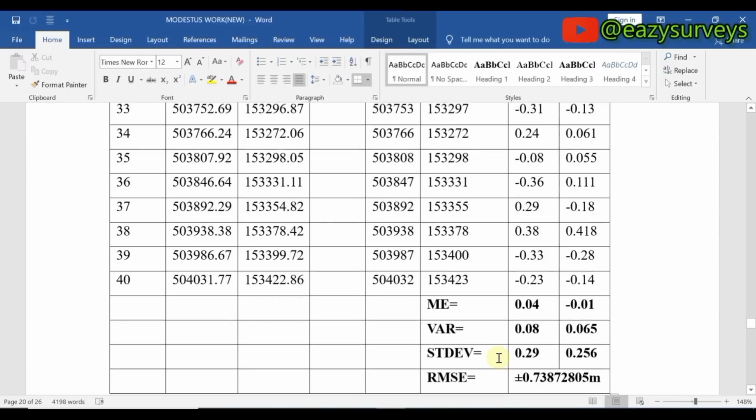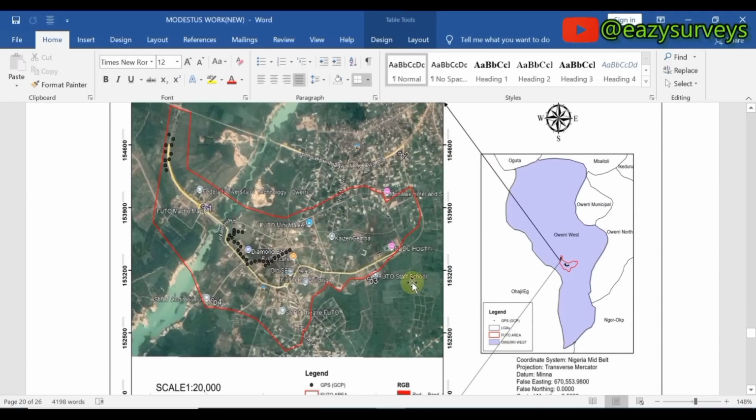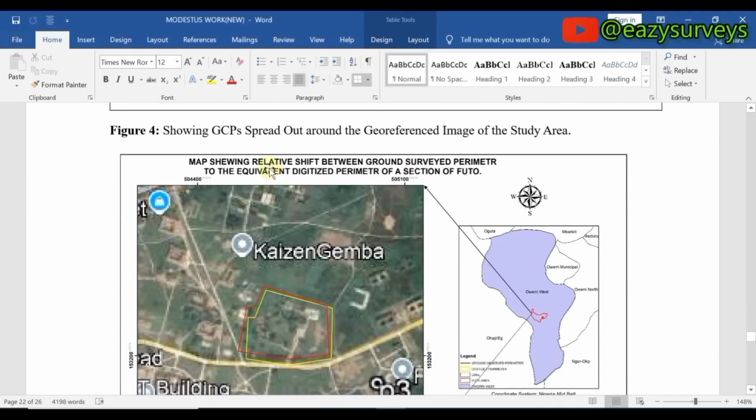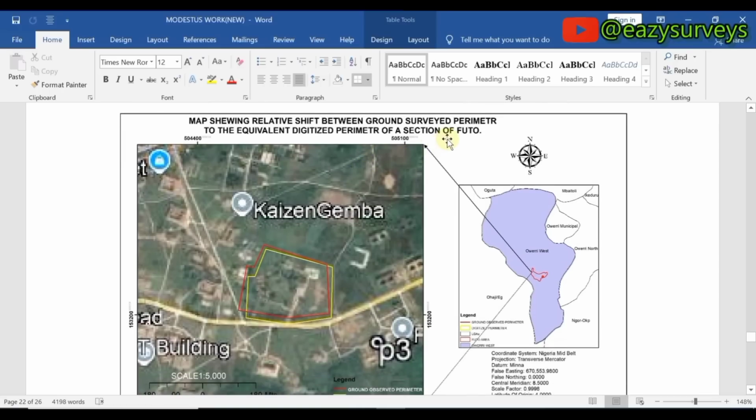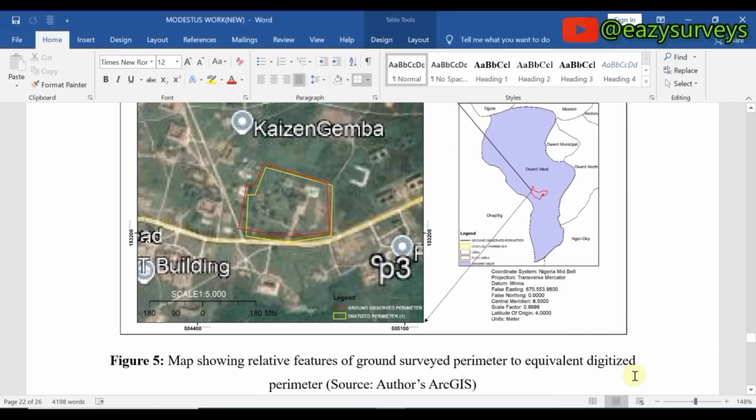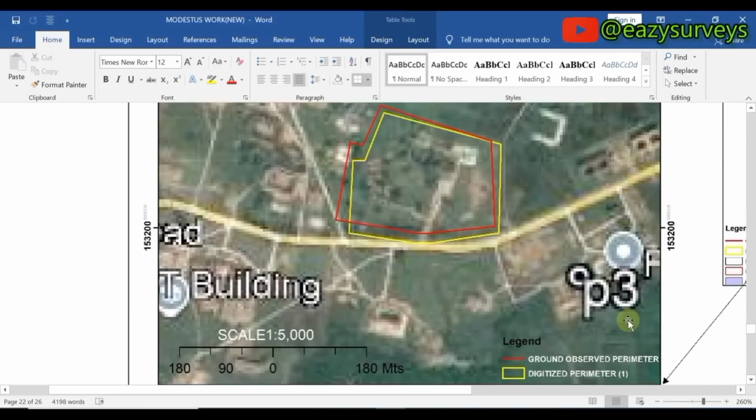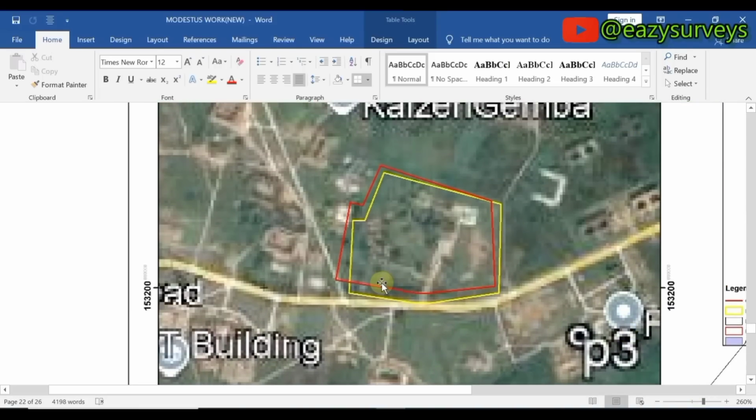If you scroll down beyond the map, you are going to see below here the map showing the relative shift between the ground surveyed perimeter and the equivalent digitized perimeter of a section of the study area. The red boundary line was a perimeter survey carried out by a set of researchers with total station traversing.